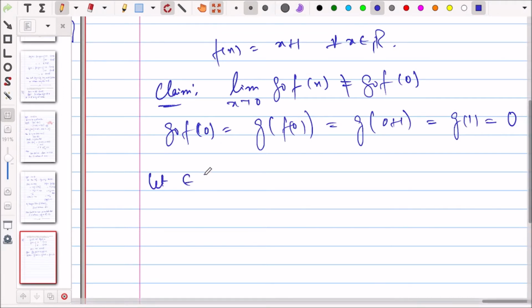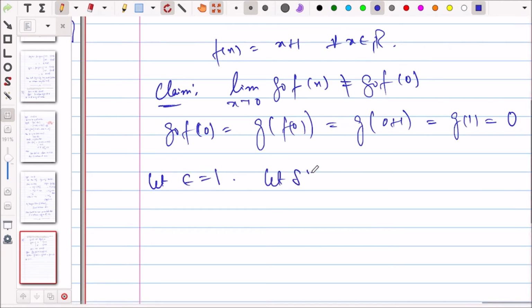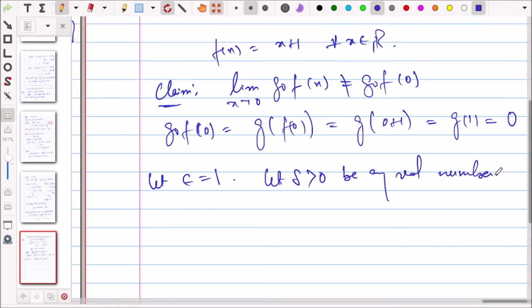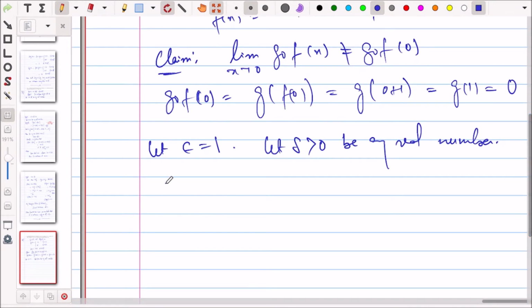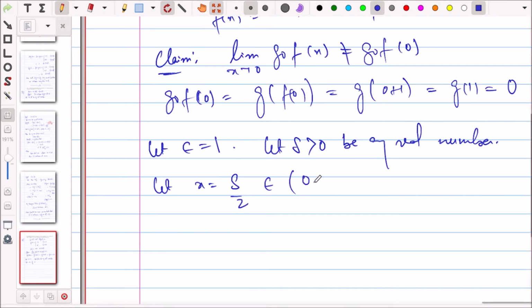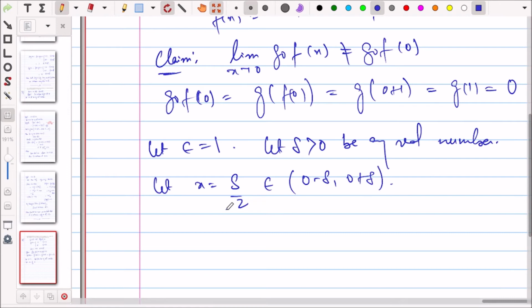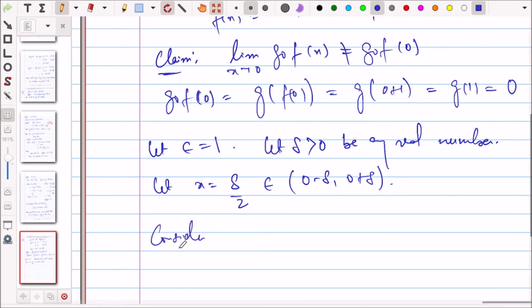So let epsilon be equal to 1, and let delta greater than 0 be any real number. Let x equal to delta by 2 belong to the interval 0 minus delta to 0 plus delta. Then consider g of f(x) minus 0.